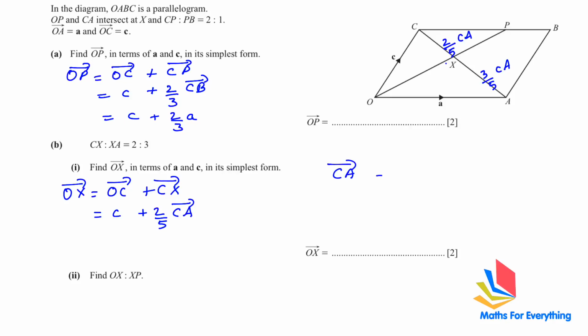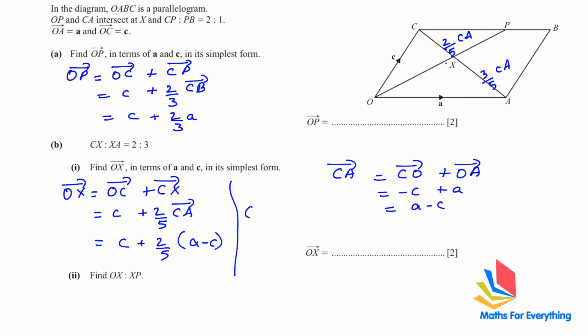CA is equal to vector CO plus OA. As the vector is going in the opposite side, the arrow is pointing this side, we'll have negative C plus A. Just to make it a little bit easier, we'll write A minus C. So this is C plus 2 over 5 bracket A minus C. So C plus 2 over 5A minus 2 over 5C.